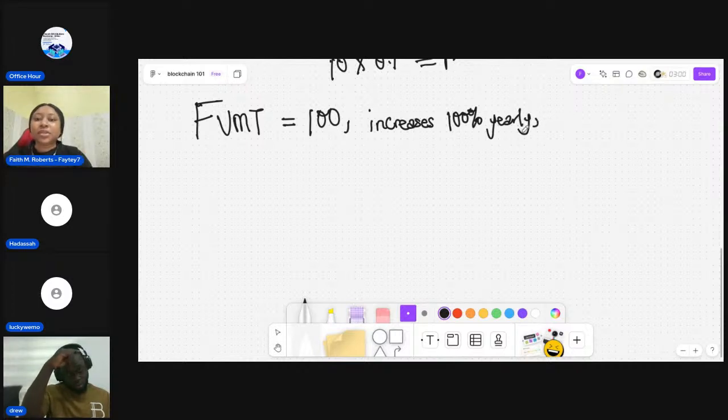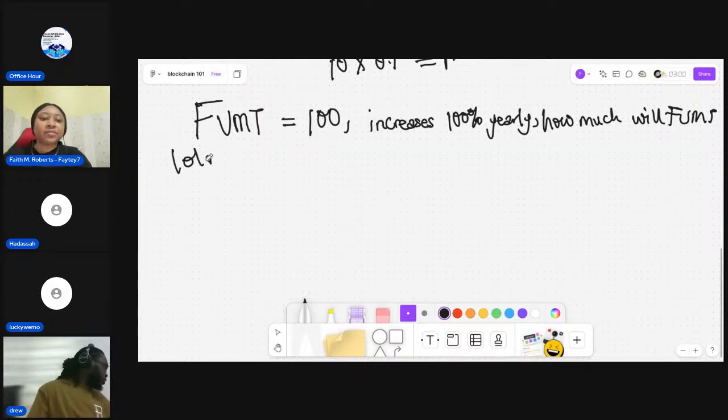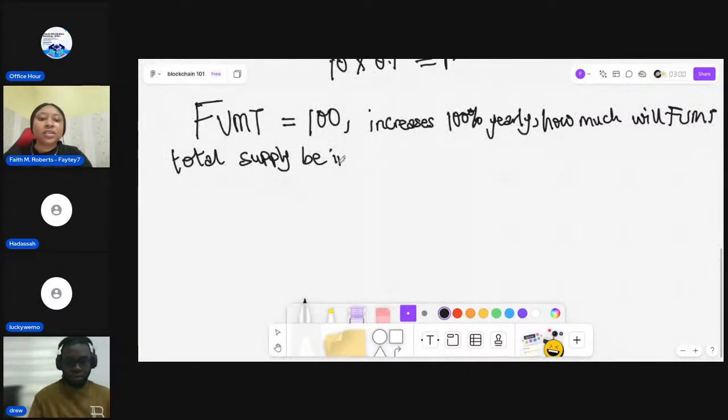So now, having this knowledge, how much will FVMT total supply be in 4 years?